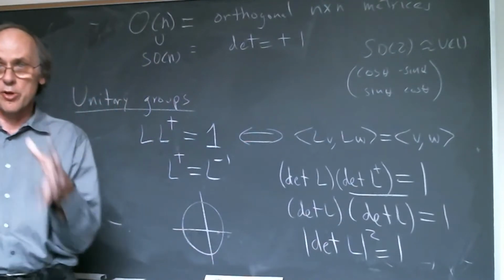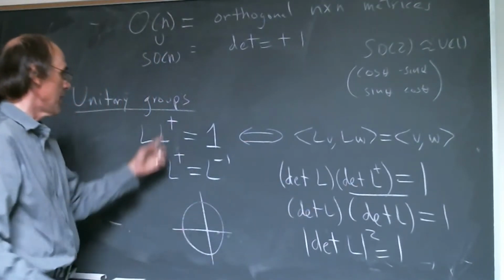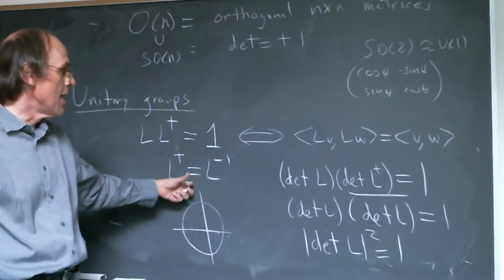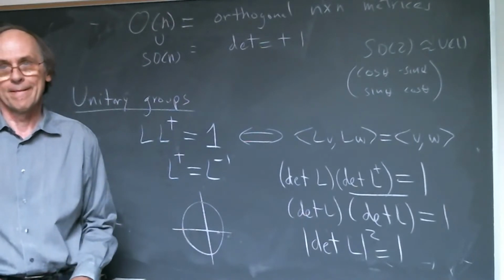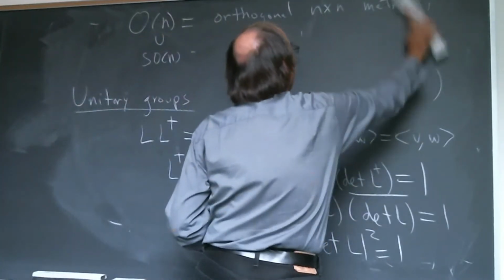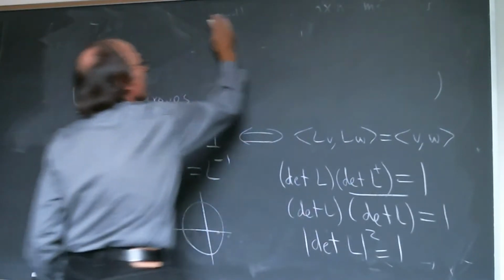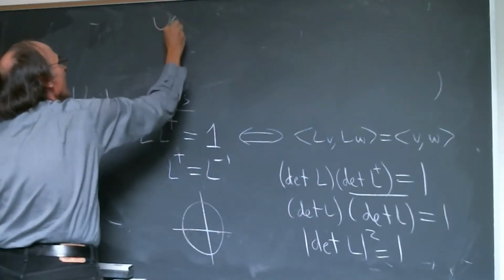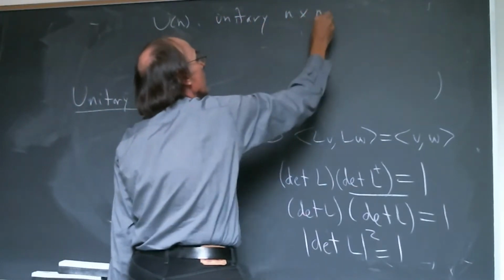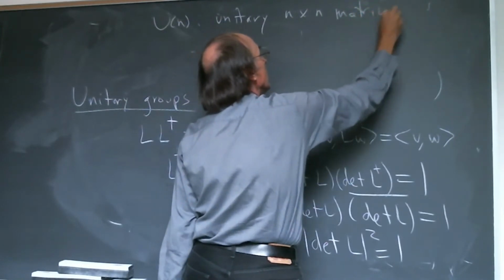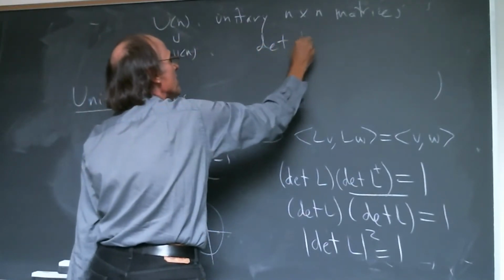So one aspect: if somebody hands you a unitary matrix, it's an n by n matrix that satisfies this condition, and it has a determinant which is e^(i theta) for some theta. So let's rewrite this. U(n) is unitary n by n matrices, and then SU(n) is the subgroup where the determinant is equal to 1.